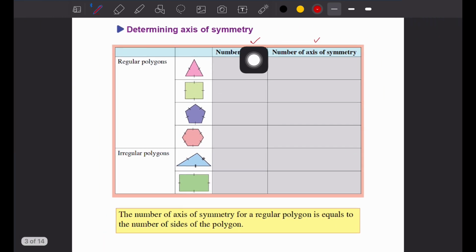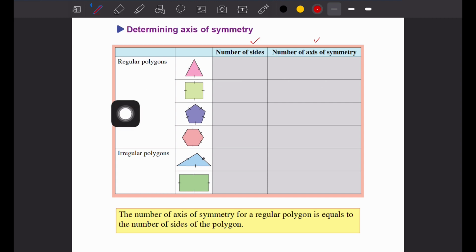The number of sides is basically how many sides build this polygon. And the axis of symmetry is a line that divides the polygon equally. We look at how many times we can fold it so that both parts are the same size.